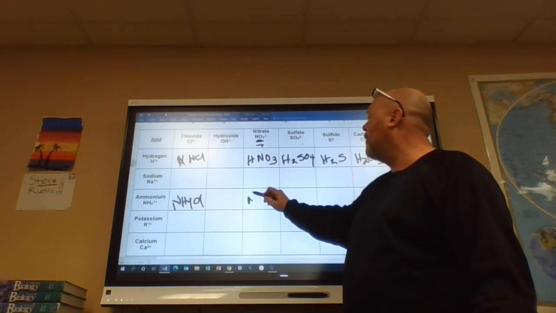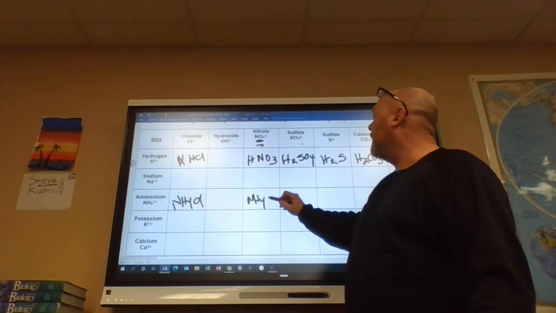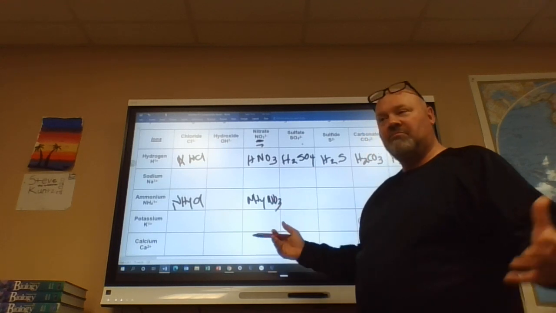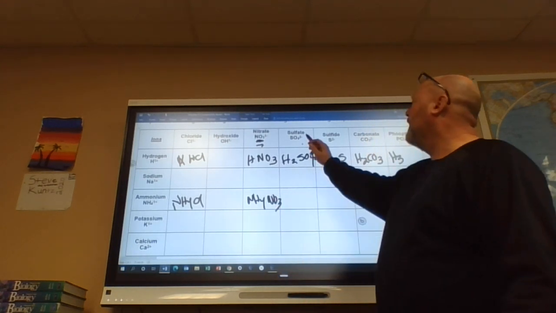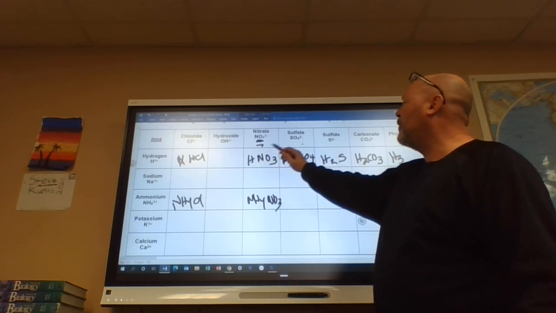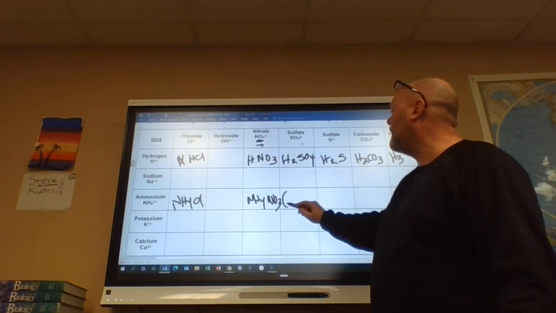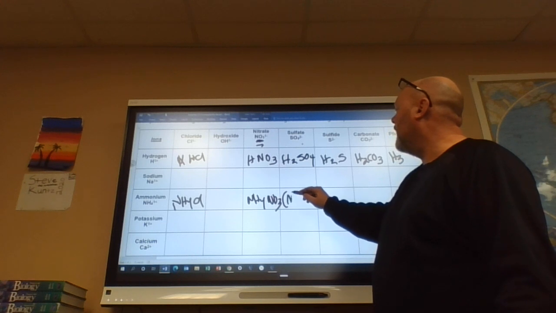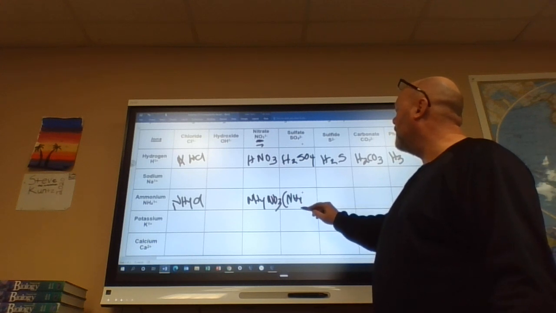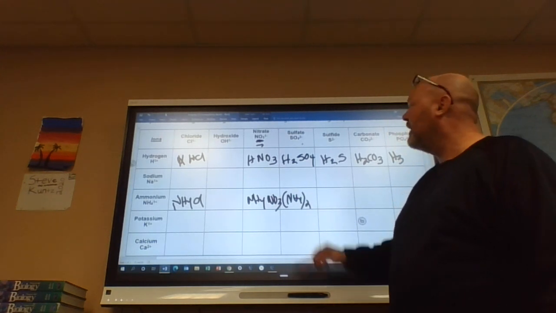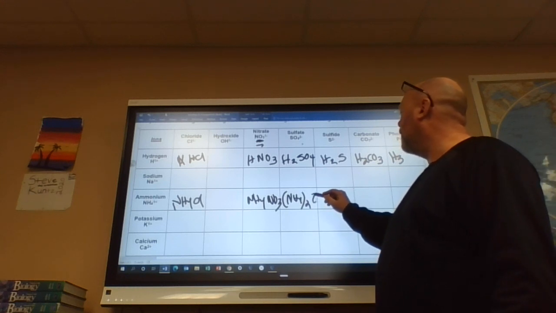We just write NH4, and then we write NO3. Okay? Now, here again, 2 and 1. So this 2 goes with the NH4. So that's where we have to write the parentheses. NH4, and we have 2 of those in the parentheses. And then we just have the SO4.